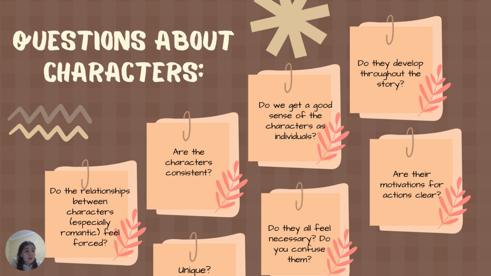This relates to their physical descriptions, but also just their behaviours. Do we get a good sense of the characters as individuals? This one is really, really important. And do the characters develop throughout the story? This one is quite interesting, as often you will think that characters develop much more than the author sees them as developing. So it can be particularly helpful to point out how you think they have developed so the author can say that this does actually happen.